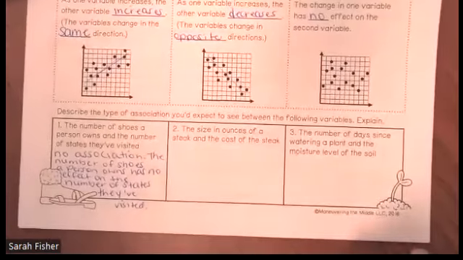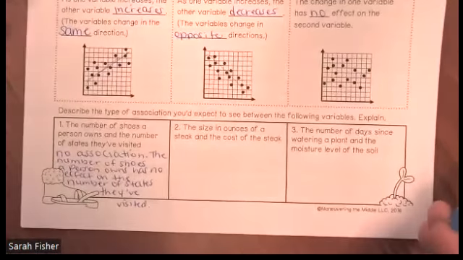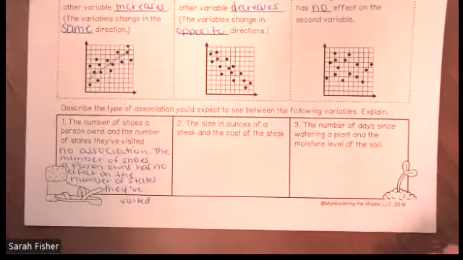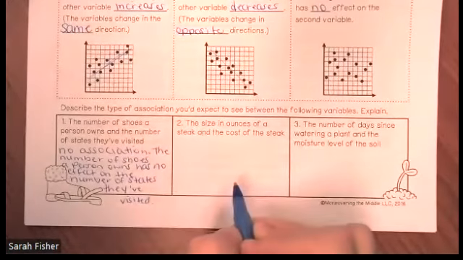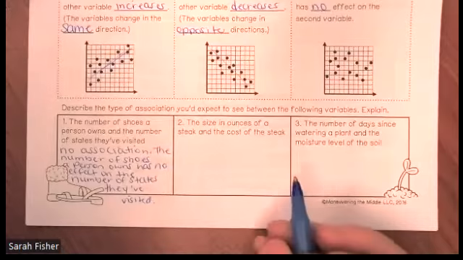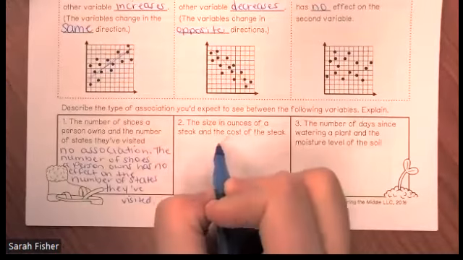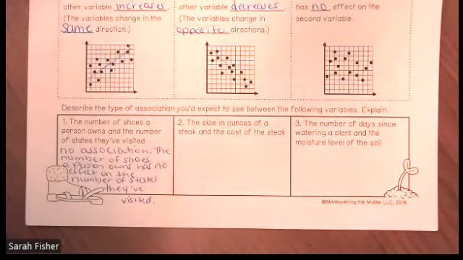Number 2, the size in ounces of a steak and the cost of the steak. Okay, if you've ever been to a steakhouse, you know the bigger the steak, the higher the price tag. So, does the size in ounces of a steak have any relationship to the cost of the steak?